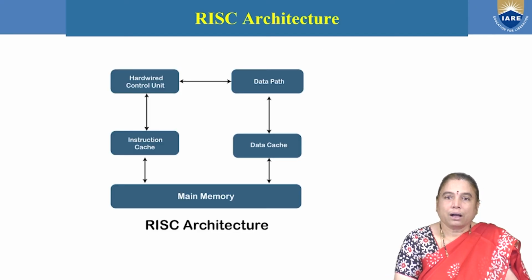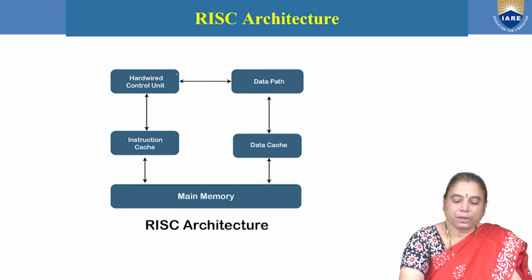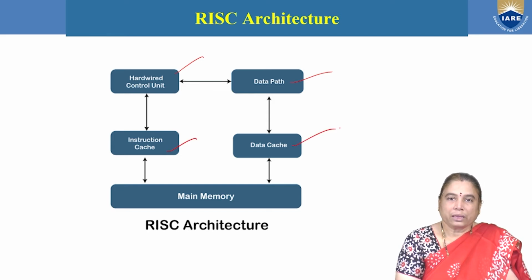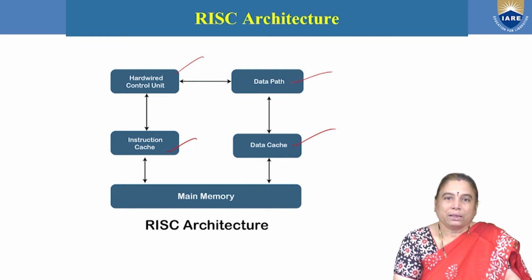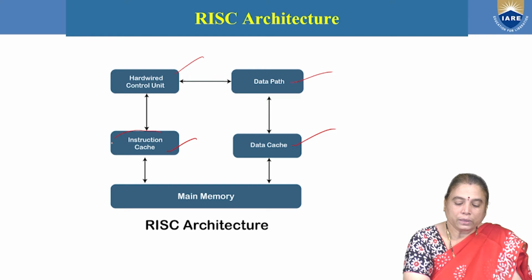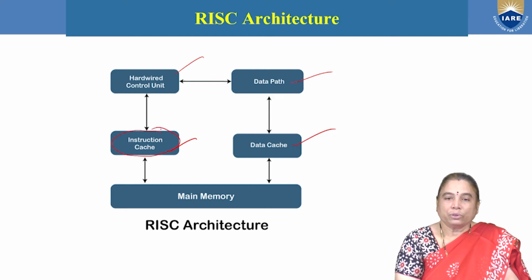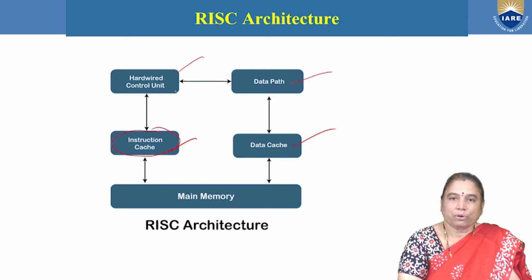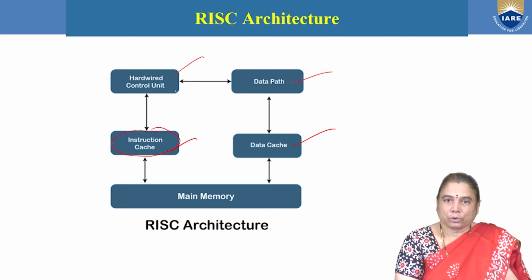Now this is the architecture of the RISC. Here it is a hardware control unit. This is the data path, and here are the instruction cache and data cache. So two caches can be implemented. The frequently accessed instructions can be stored in the instruction cache so that they are readily available for the hardware control unit for execution.